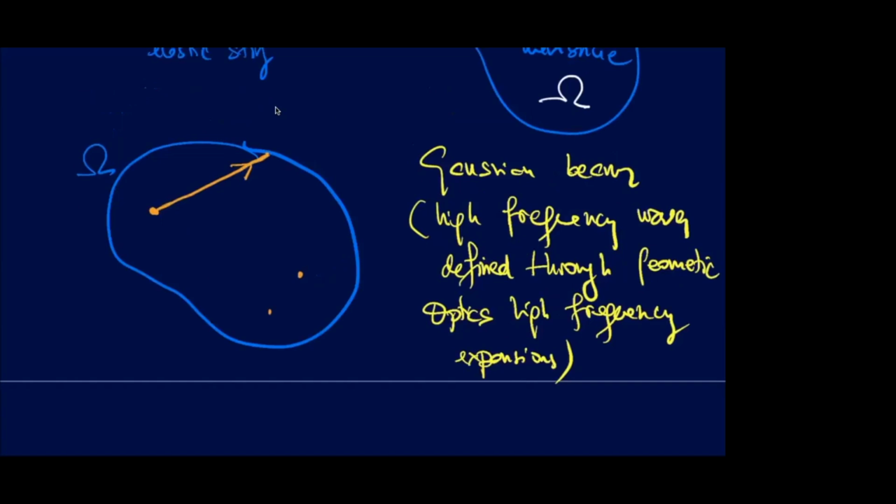What happens to this ray when getting to this boundary? Let me erase these 2 points. When getting to this boundary, this ray will bounce back according to the Descartes law, so that, of course, the incident wave will generate an outgoing wave so that these two angles are the same, right?